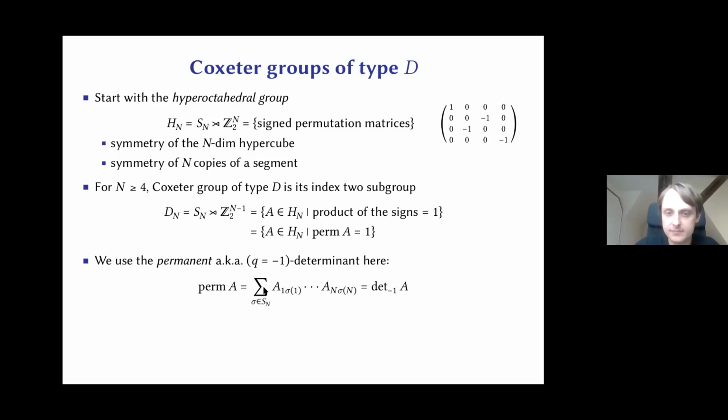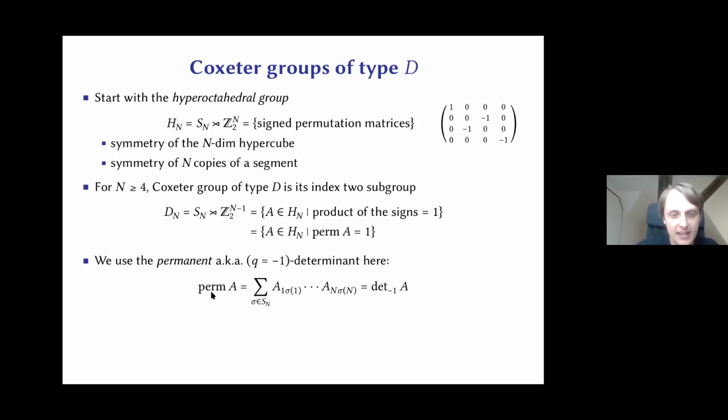And so you may ask why this is even a subgroup, and this is quite an interesting point, at least I find this interesting. The permanent is a notion that exists in the theory of matrices, but it's not as important as determinant because it's not multiplicative.